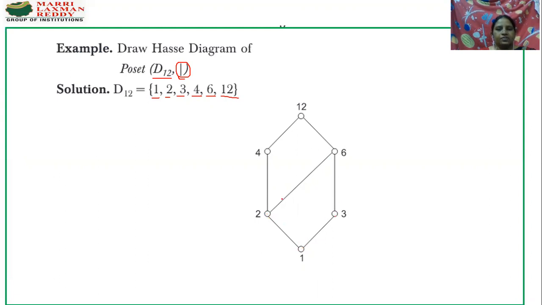Then 6 is divisible by both 2 as well as 3, so draw the relation. But 4 is also divisible by 2, but it is not a direct cover, so don't draw the relation. Again 12 is divisible by 4 as well as 6. Draw the relation from 4 to 12 and 6 to 12. So this is the corresponding Hasse diagram for the given poset.